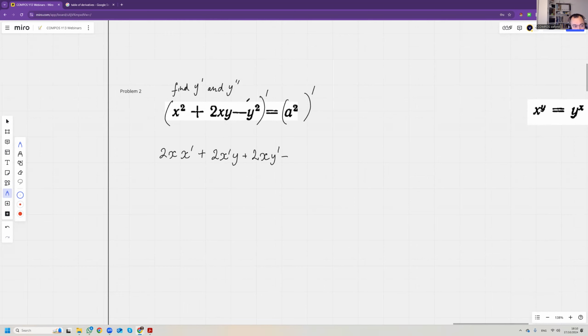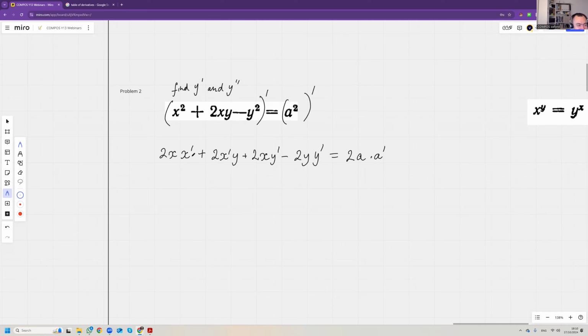Minus, here I'm using the chain rule again, so it's 2y y prime equals the derivative of a squared. Well, okay, let's do something you've probably never done before and never will. It's 2a multiplied by a prime.